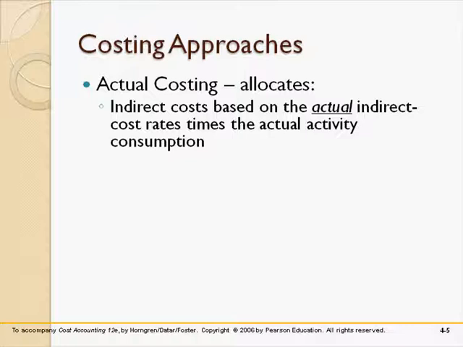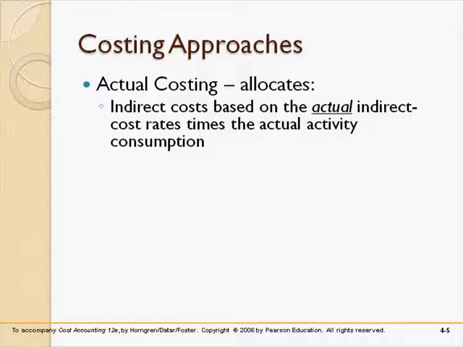All right, let's talk a little bit about costing approaches. Actual costing will allocate indirect cost based on the actual indirect cost rates times the actual activity consumption. So the idea here is we're not using any predetermined rates.